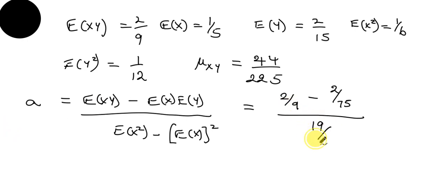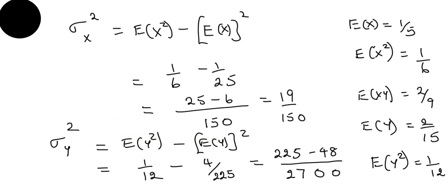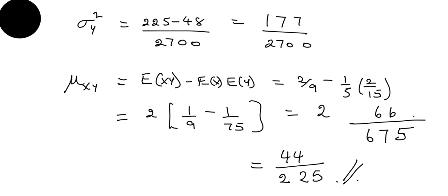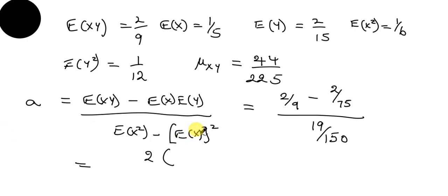So here I will have 19 divided by 150. I will have a 2 common outside to be taken from the numerator. So when I take my 2 common outside from the numerator, I will have this value which I have computed over here, E of xy minus E of x into E of y, which is 44 by 225.